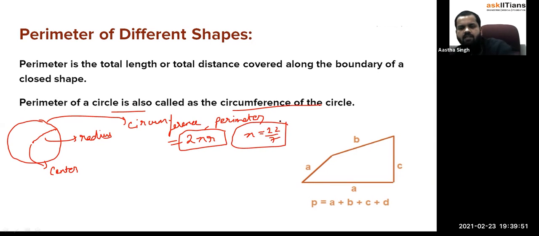We'll study this later on. Just keep in mind what the circumference is. So perimeter is the total length covered.